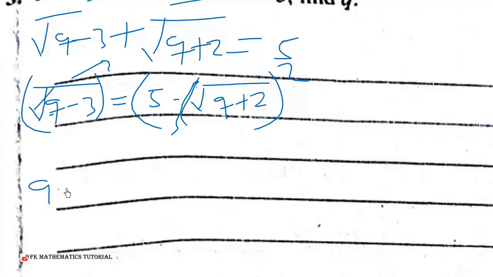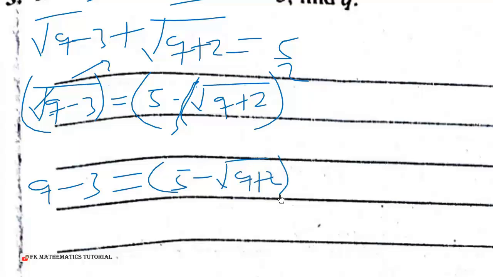We have q minus 3 here. Then on the other side, we have 5 minus square root of q plus 2, then 5 minus square root of q plus 2.